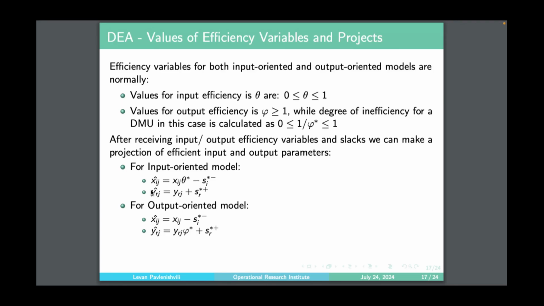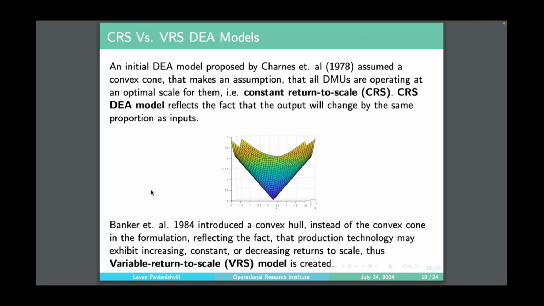So initially, DEAs were modeled as a conic optimization problem. There's a cone over which we are optimizing. We are trying to get to this point here. They were operated with constant returns to scale. So they were saying, okay, my decision-making unit itself is running optimally as it could run, so I have to change something seriously.